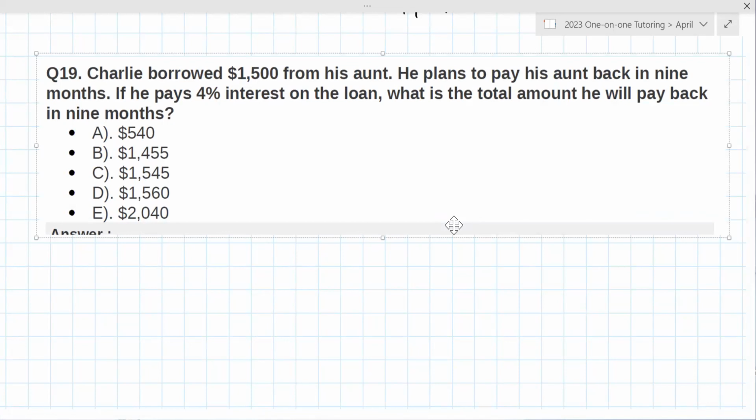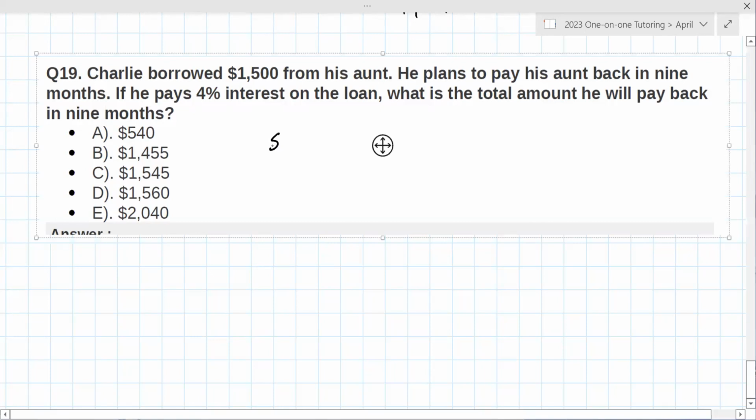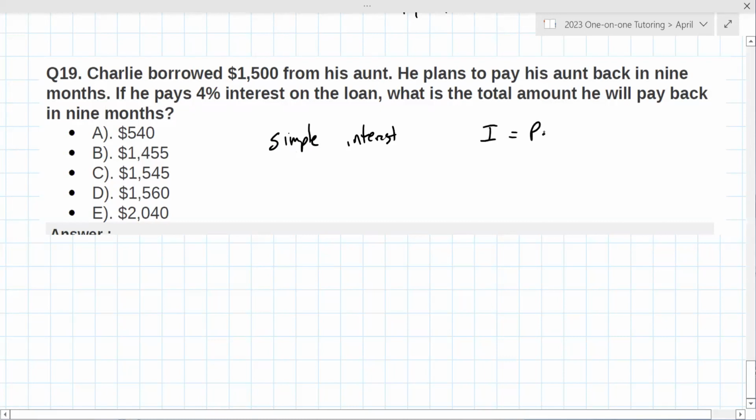All right, remember this one, it had to be in years, so 9 months would be a fraction of the year. This is what's called a simple interest problem, and it has a formula. The interest earned is the principal times the rate times the time.